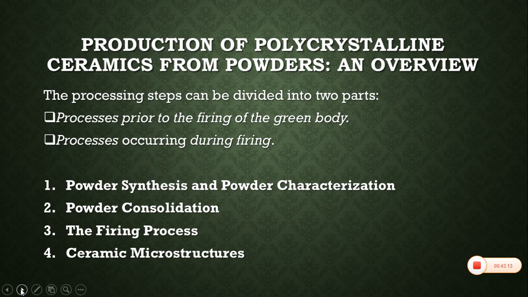At this stage, we can see what flaws were left, either due to the first process, in which contamination caused the microstructural flaws, or the consolidation process, or the firing process. And by studying the microstructure, we can eliminate these flaws. So this was all about the ceramic fabrication process.